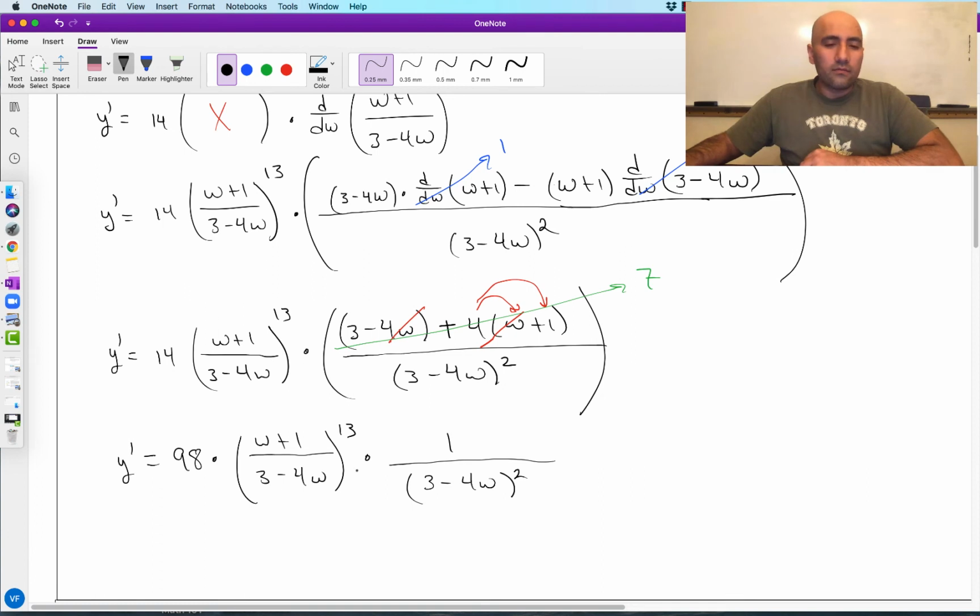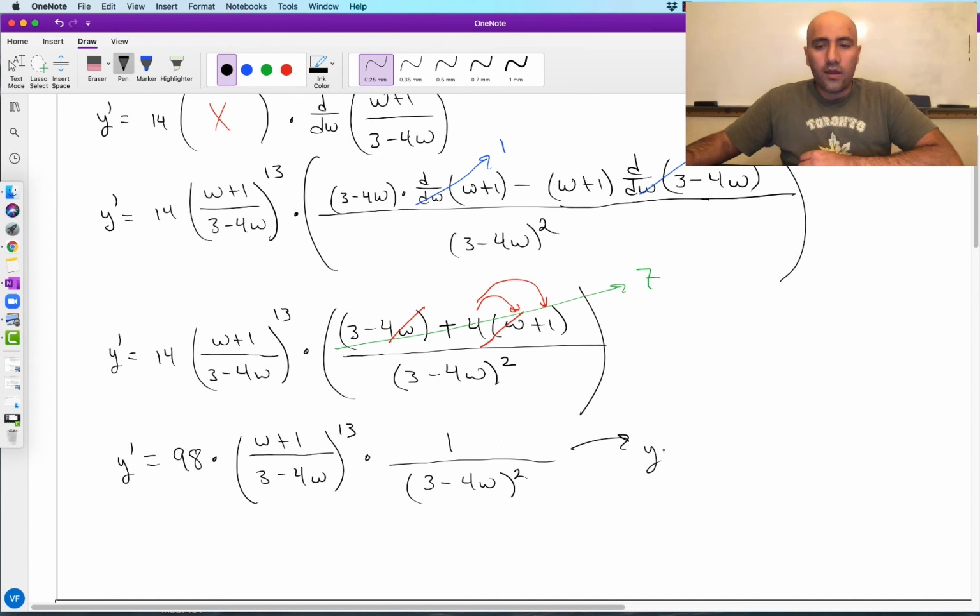Okay, now this could be a good place to stop, but also notice that if I separated these two fractions, I can have (w plus 1) to the power of 13 in the numerator, (3 minus 4w) to the power of 13 in the denominator, and then I can combine these two. Right? So I think I'm going to do that as my final step.